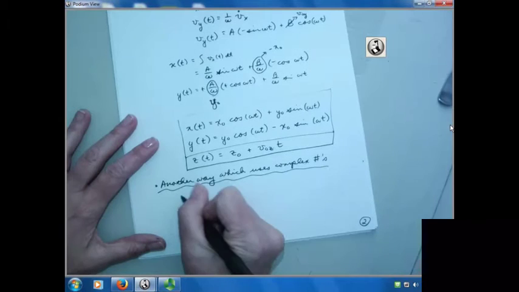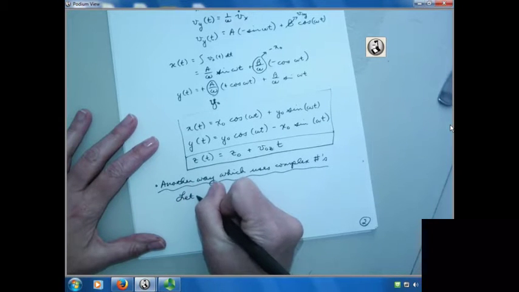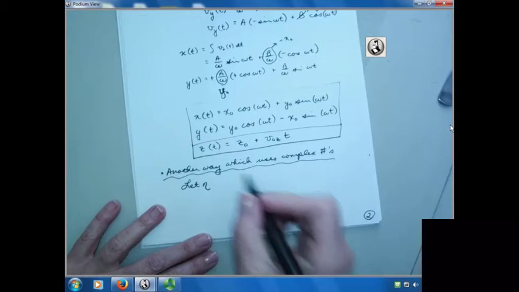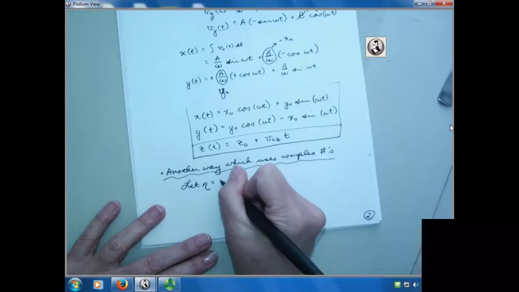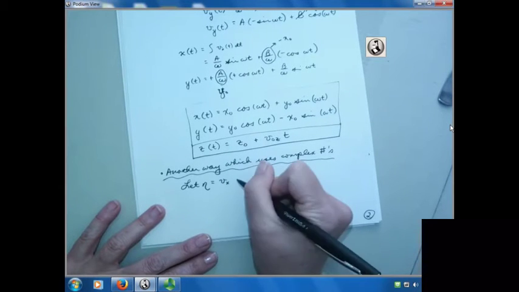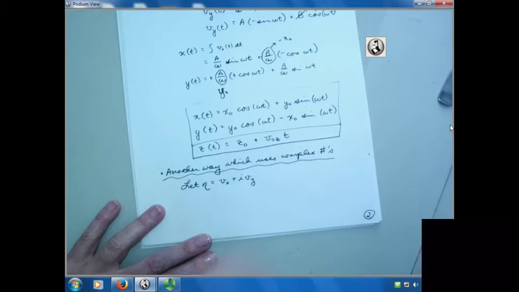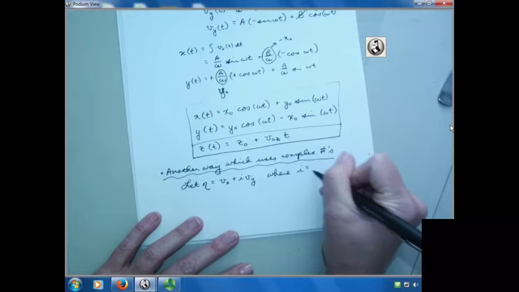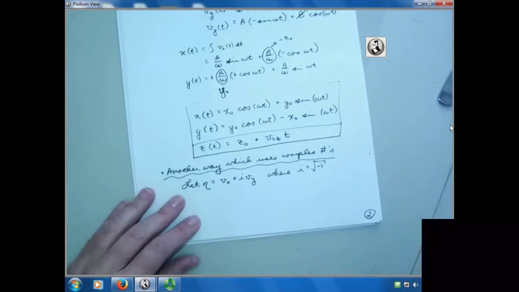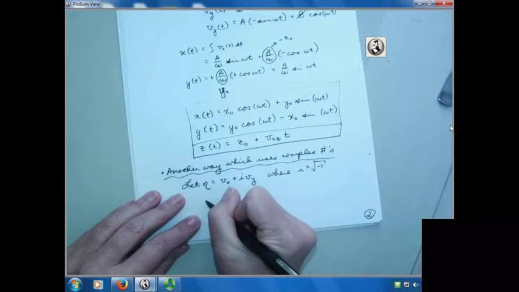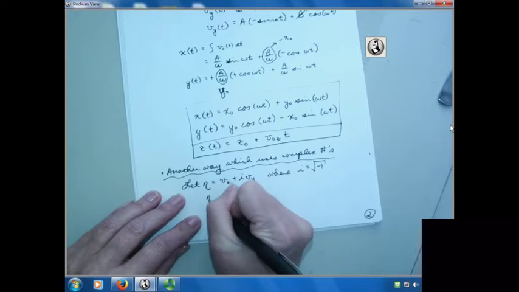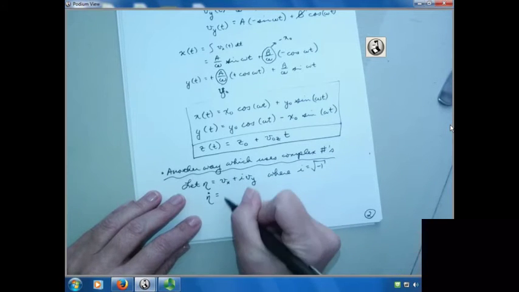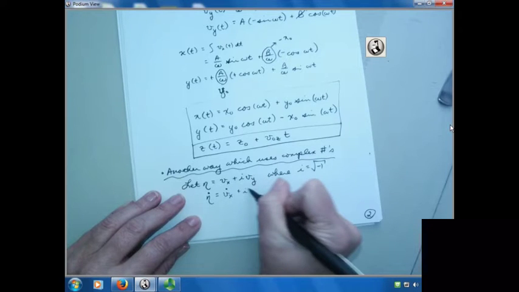I am going to let this letter eta, which looks like an N with a long tail, equal my particle's x component of velocity plus i times my particle's y component of velocity, where I've introduced i, which is the square root of negative 1. If that is the case, then eta dot, the time rate of change of eta, is equal to vx dot plus i vy dot.